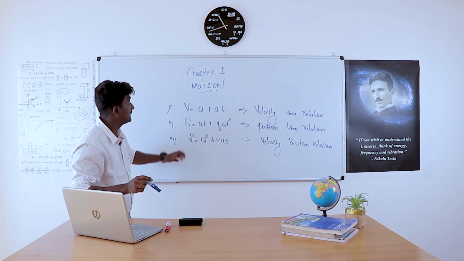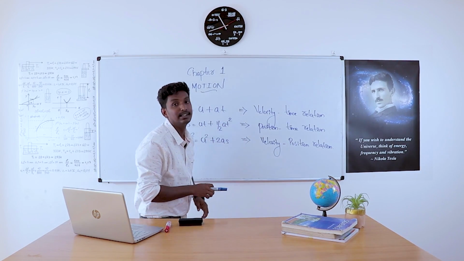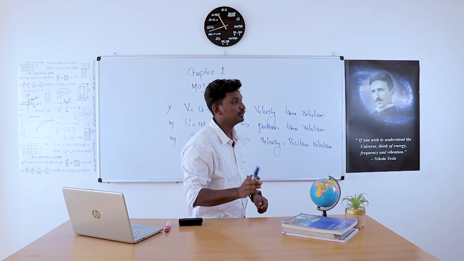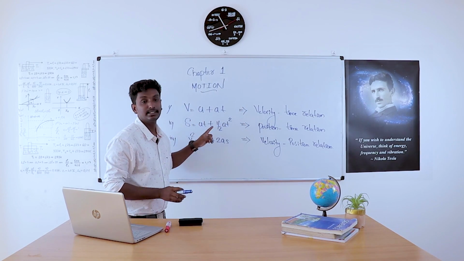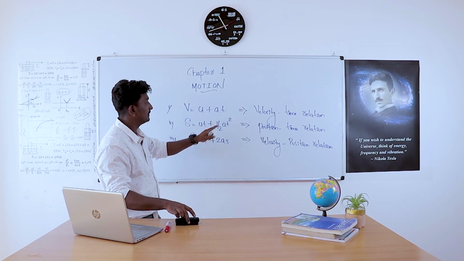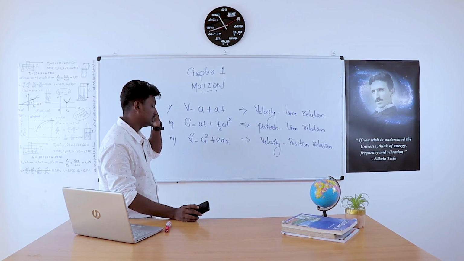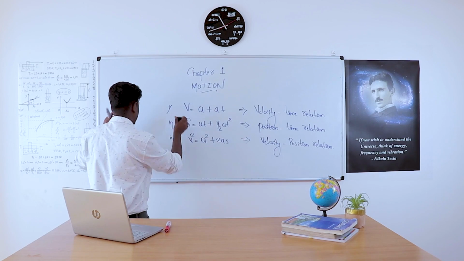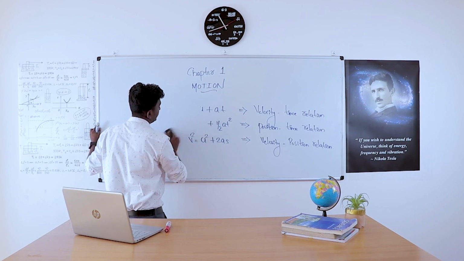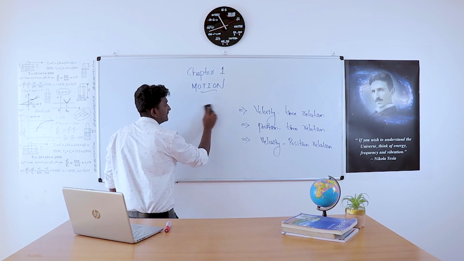We have to derive these three from a velocity time graph. We are using a velocity time graph and deriving these three: the velocity time relation, the position time relation, and the velocity position relation. Now I am drawing a graph for deriving these three equations.